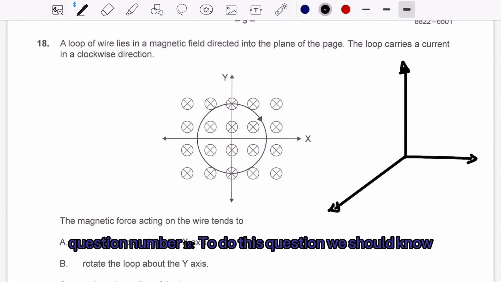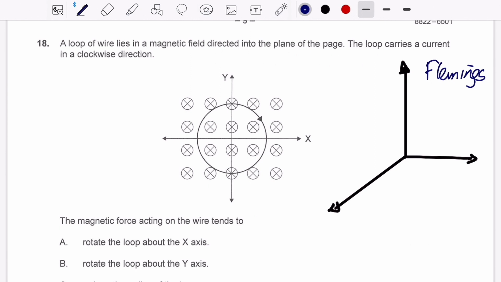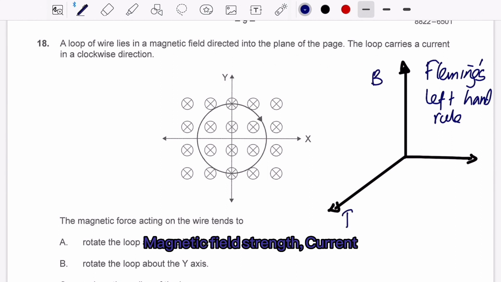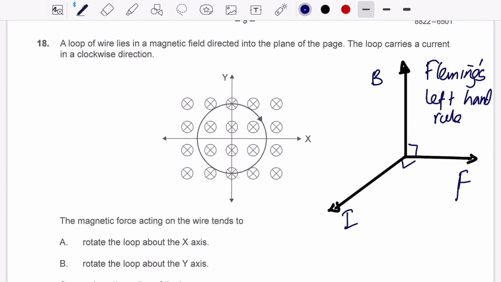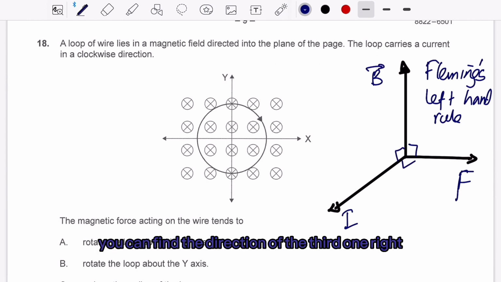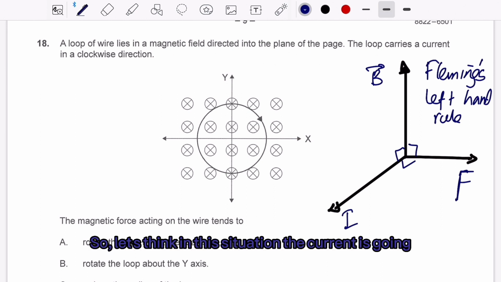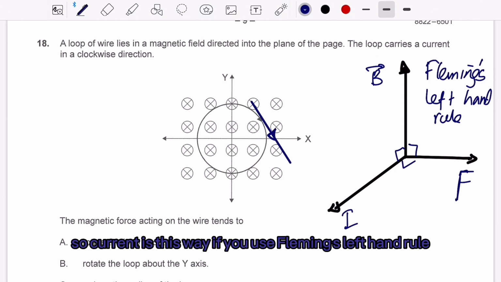Question number 18. To do this question, we should know Fleming's left hand rule. Magnetic field strength, current, and force are in perpendicular directions, and if you know 2 of them, you can find the direction of the third one, right? So let's think, in this situation the current is going in the southeast direction.